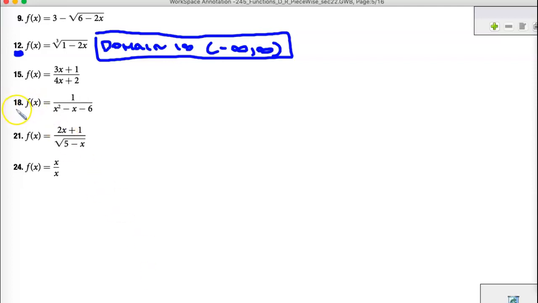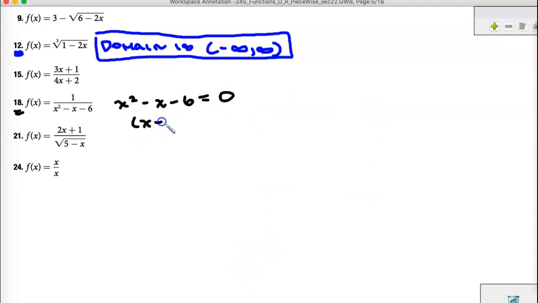However, problem number 18 is a rational function. Rational functions cannot have 0 in the denominator. So my instinct says, when will this denominator equal 0? This comes from chapter 2: how do we solve a quadratic equation?